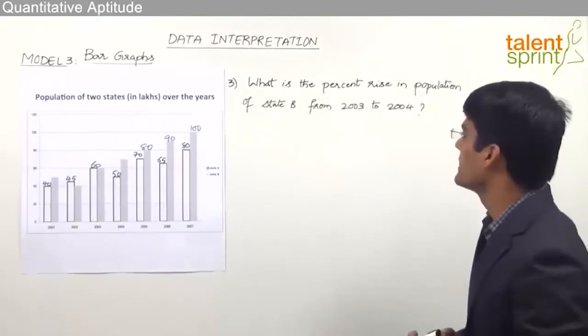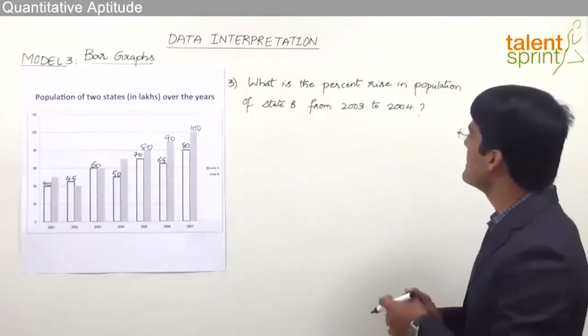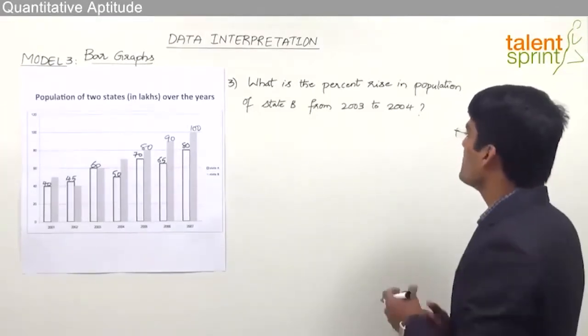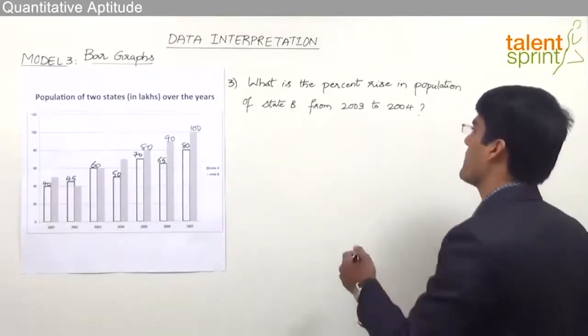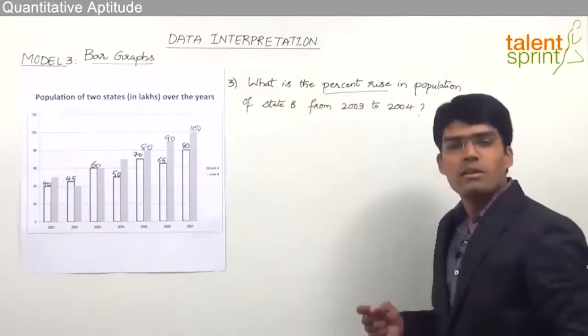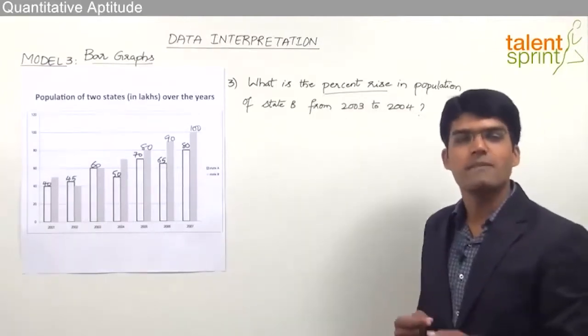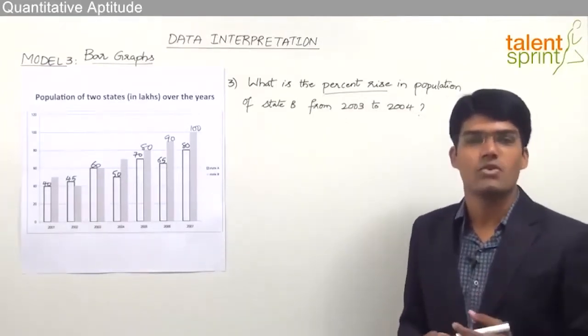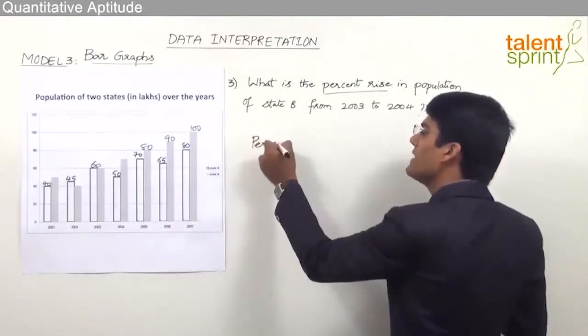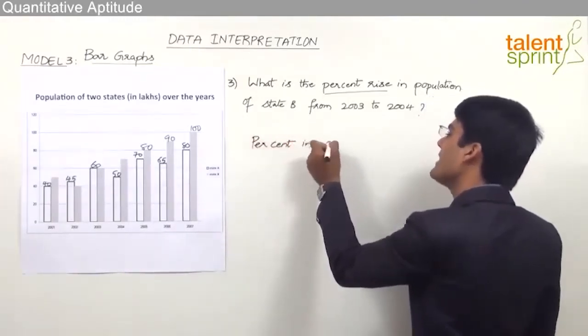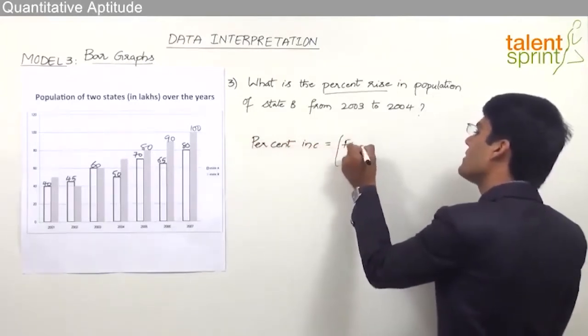The third question here is, what is the percent rise in population of state B from 2003 to 2004? So that again is a very simple one where we have to find out percent rise. Now percent rise, as you have discussed in the beginning of the session, is nothing but percentage change or percentage increase. And percentage increase should be calculated as final value minus initial value by initial value into 100.